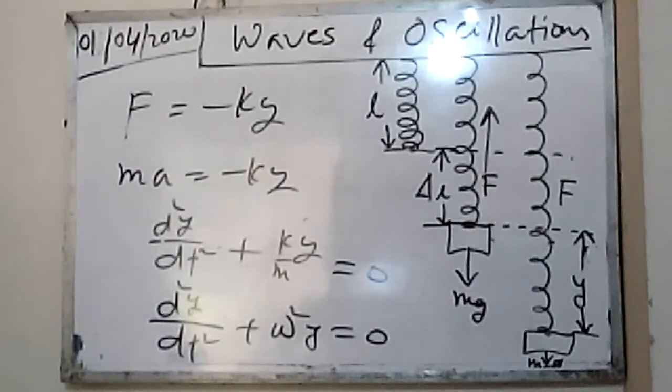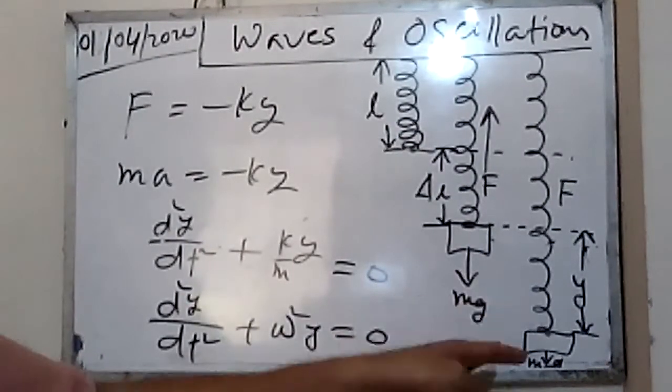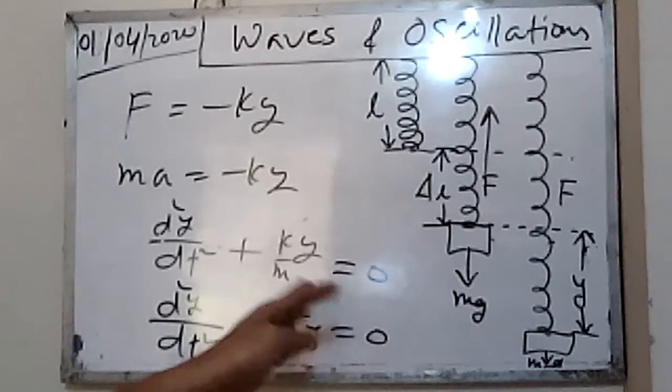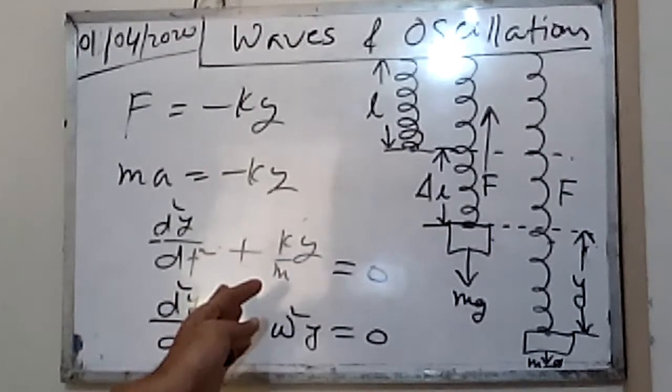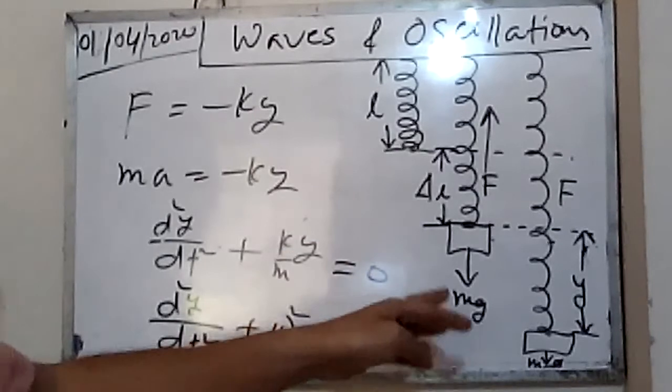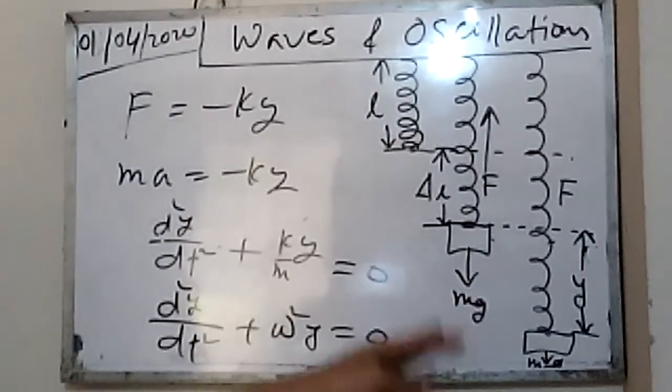So we can say that the mass spring system executes simple harmonic motion, because the equation we have got is for simple harmonic motion.